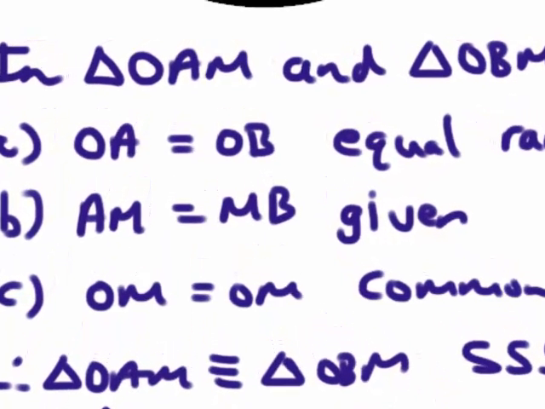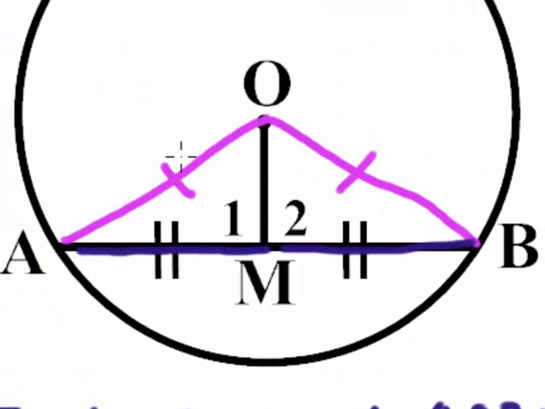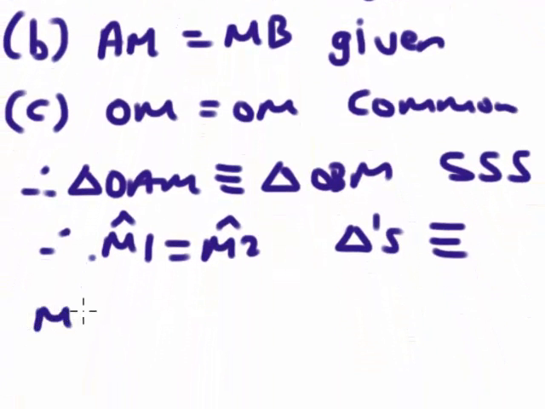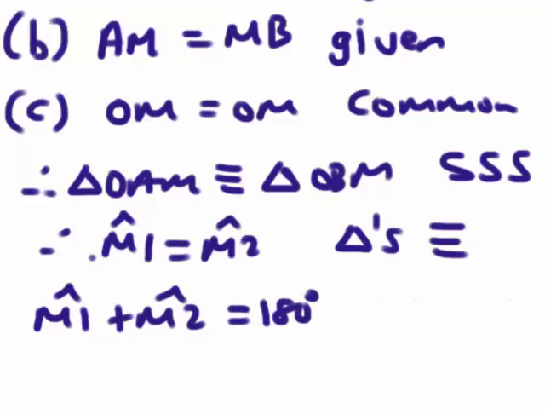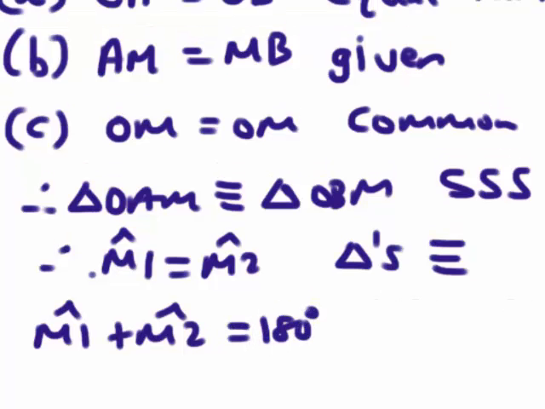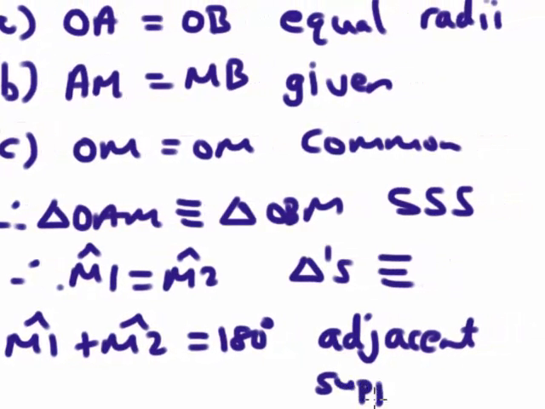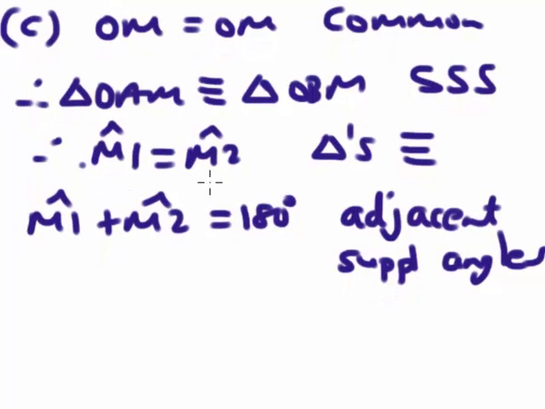Okay, but now here comes the magic. How do we prove that these two are each equal to 90 degrees? Well, think about it. What do you know about M1 plus M2? M1 plus M2 is 180 degrees. What is the reason for that? Adjacent supplementary angles, that's angles on a line. They add up to 180. But now we know that M1 equals M2.